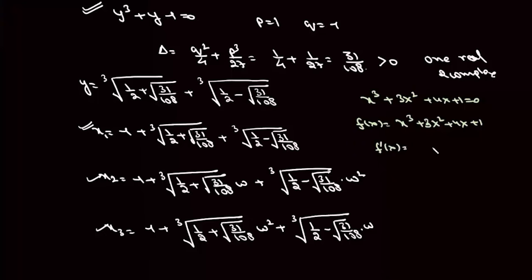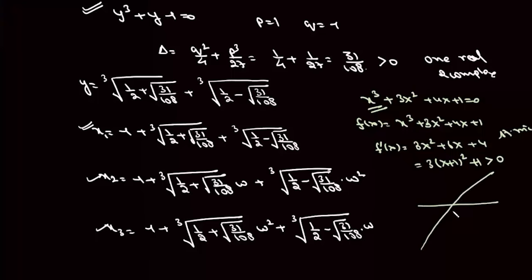Then f dash x will be 3x square plus 6x plus 4, which is 3 (x plus 1) square plus 1, which is always greater than 0. So this function is strictly increasing. And since it is cubic, it will go from minus infinity to plus infinity. So this graph will cross the x-axis exactly once. So we could have inferred this equation has exactly one real root.